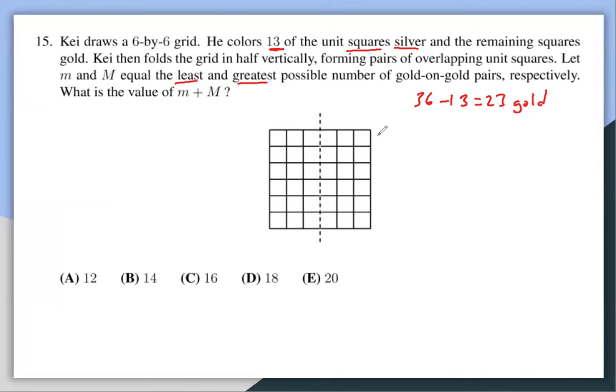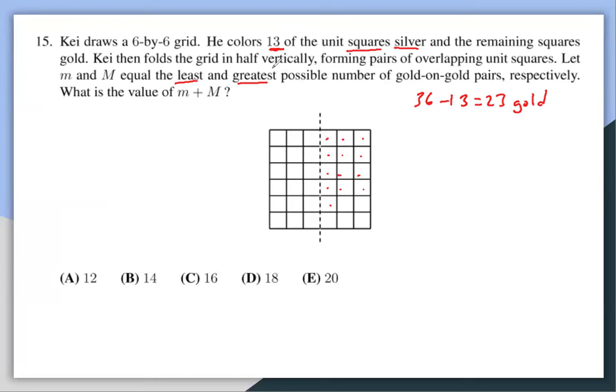What's the sum? Okay, so if you want to get the smallest number of gold-gold pairs, we just want to make sure as many gold as possible will pair with the silver ones. We have only 13 silver ones. If I take all these silvers and put the gold right across, all these silvers will be paired with the gold ones.